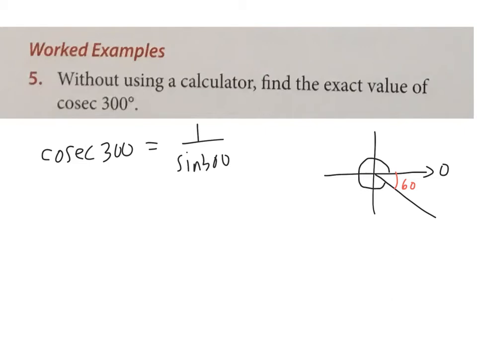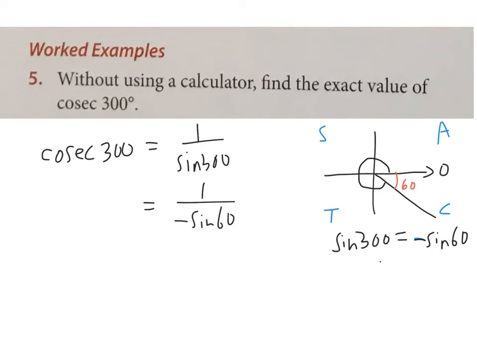So sine 300 is the same as the acute angle sine 60. However, you'll notice that 300 degrees is in the negative quadrant. So sine of 300 would be the same as negative sine 60 because sine is negative in this quadrant.